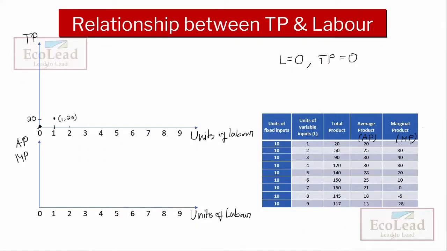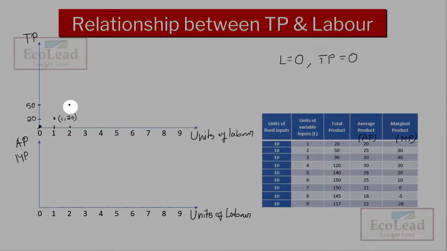Likewise, how much is being produced by the second unit of labor? When we engage the second unit of labor, the total output became 50. This is the point where we are showing that by engaging 2 units of labor, this is the total amount of output produced.